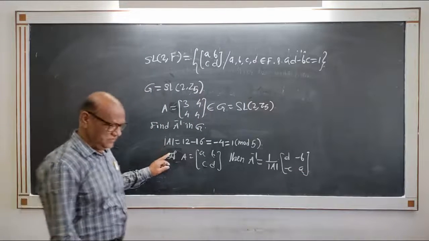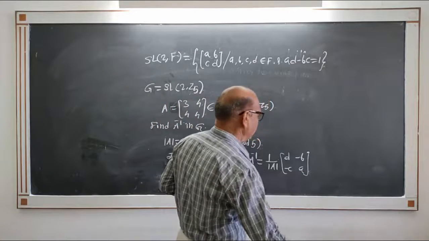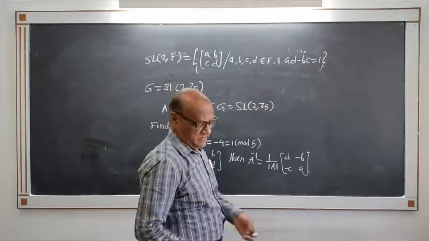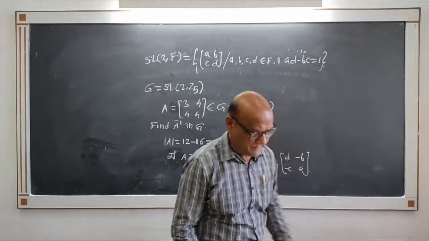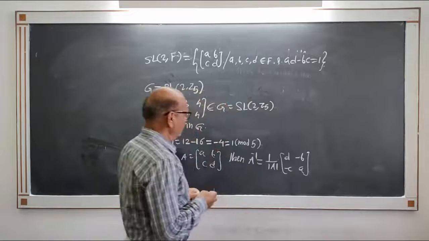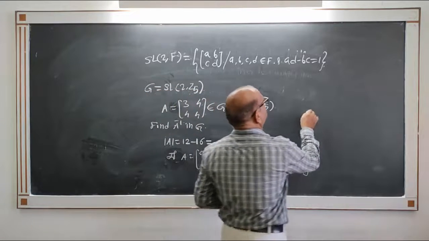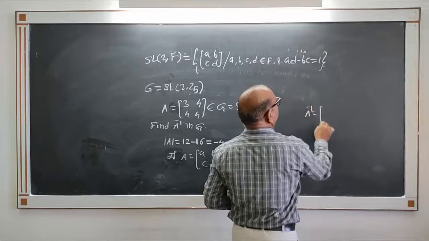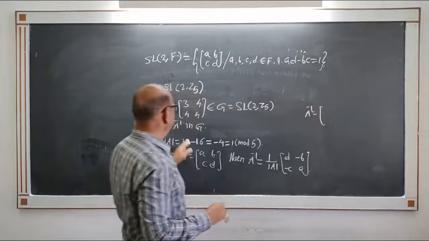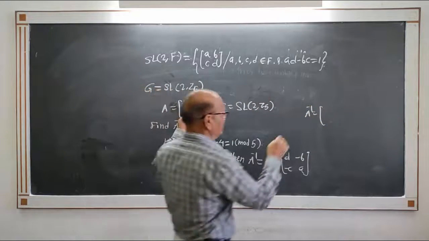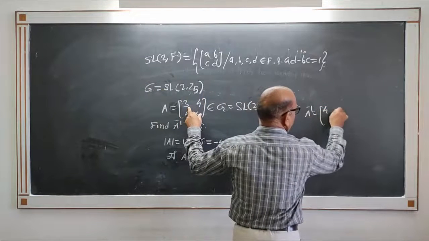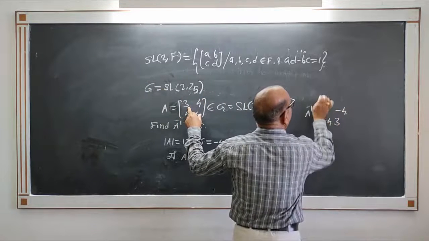By this rule, the determinant is 1, so A inverse is 1 upon 1 times the matrix 4, 3, minus 4, minus 4.